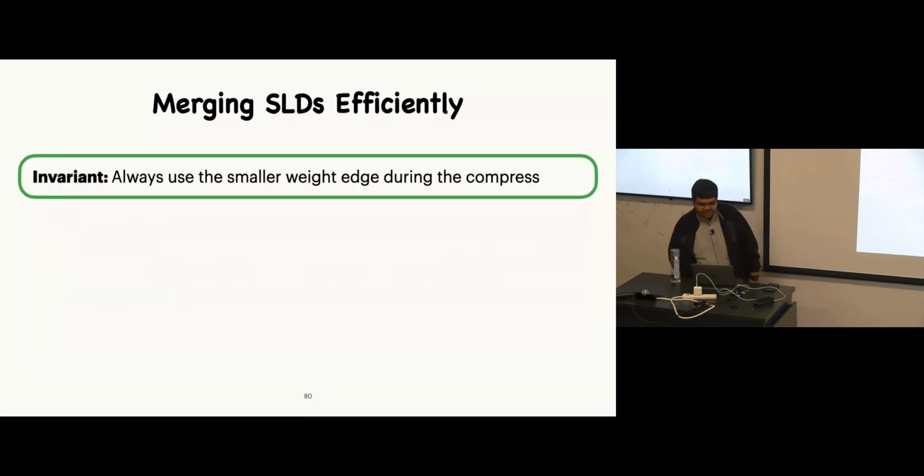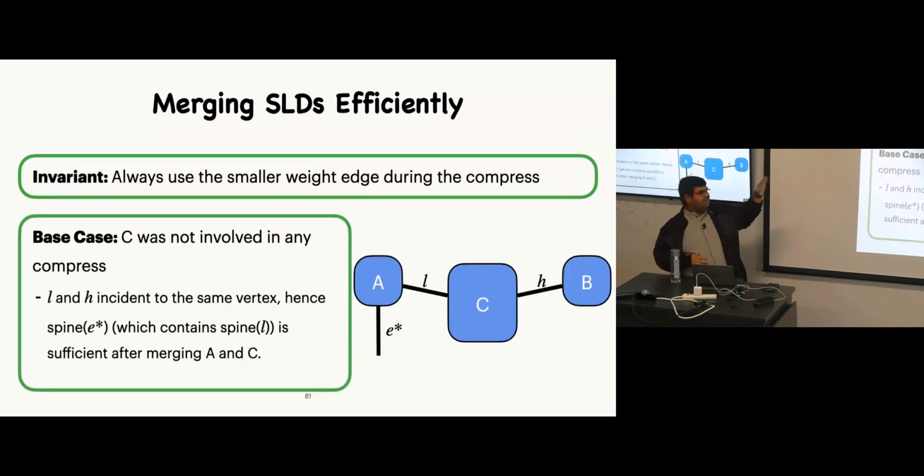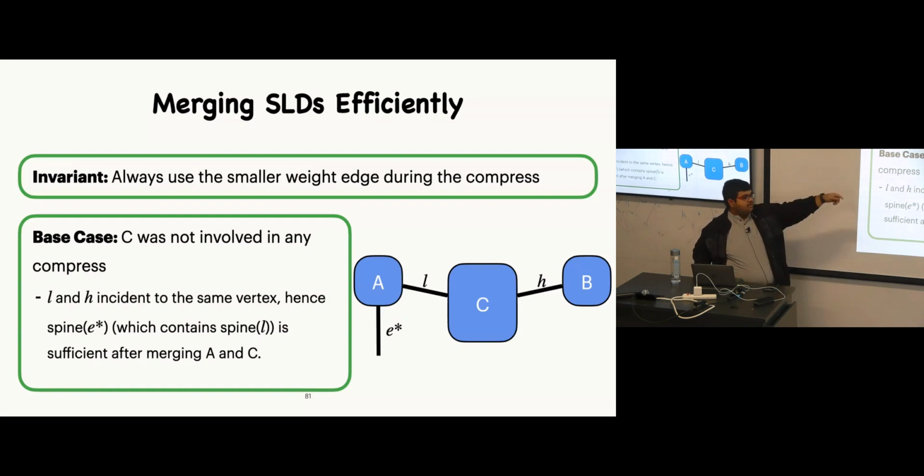It's easy to see how that works for only rakes, but compress is tricky. The idea here is we maintain the invariant that LS mentioned: you always compress via the smaller weight edge. Let's see an intuition as to why this works. Say we have a cluster C which we are going to compress, and the edge with weight L is smaller than the edge with weight H. We prove this by induction.